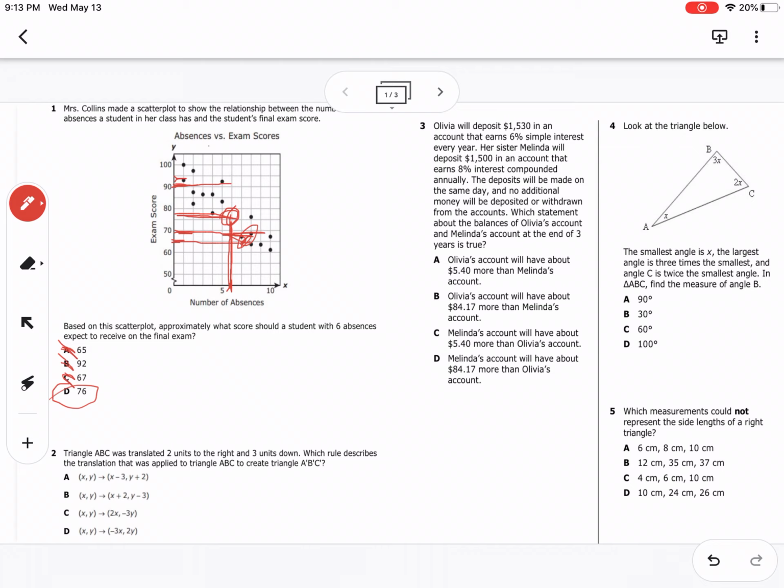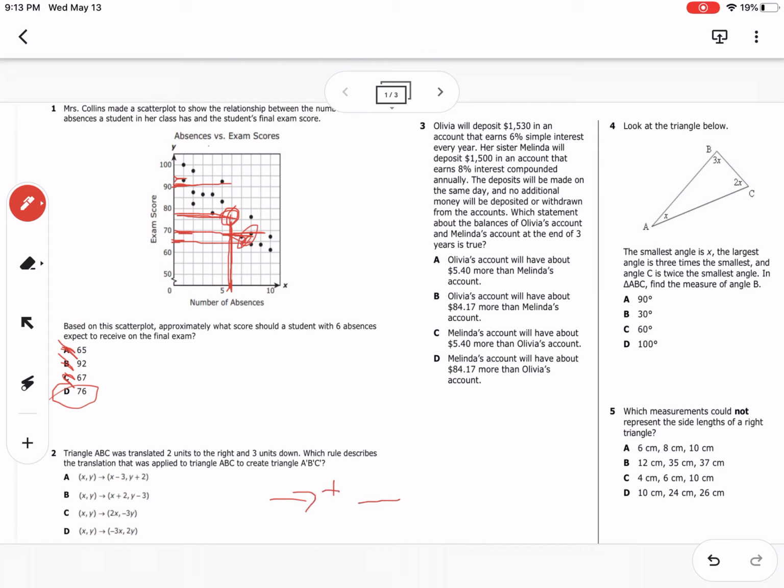Number 2, moving on. Triangle ABC was translated 2 units to the right and 3 units down. Which rule describes the translation that was applied to triangle ABC to create triangle A'B'C', our new triangle, but it's still technically the same triangle. Looking at our answer choices, I'll say that whenever we move to the right, it's going to be a positive.